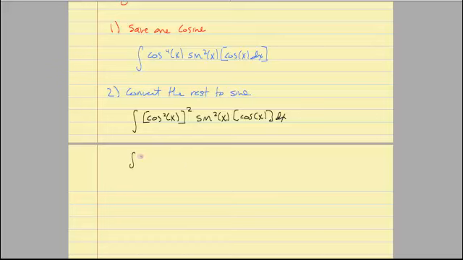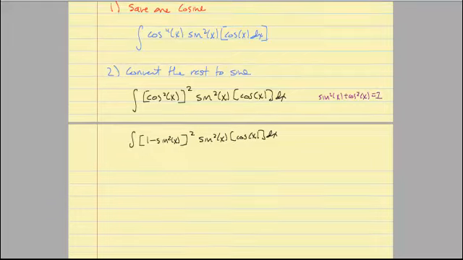So again, we know from our Pythagorean identity that cosine squared is equal to 1 minus sine squared. And I'm squaring that. And of course this was possible because of the Pythagorean identity, sine squared of x plus cosine squared of x equals 1. Would not have been possible otherwise.